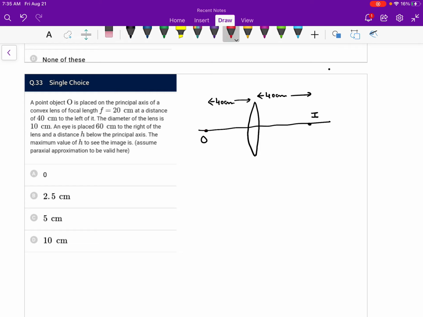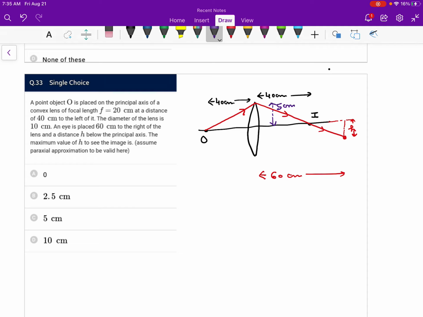So let's consider the extreme ray. So rays moving into the upper half will come down. So the extreme ray will go down. Okay, and so my viewer should not be below this, this is 60 centimeter. So the maximum height for the viewer is this thing h. This is 5 centimeter because diameter is 10 centimeter.